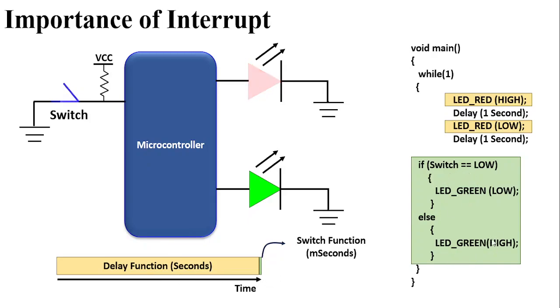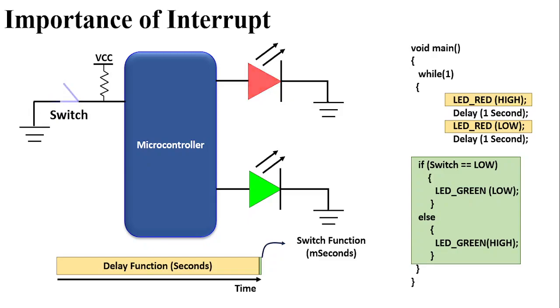And to execute the section of the program for the switch will take maybe some milliseconds. So out of a window of a few seconds, we are getting a small window of milliseconds to detect the event on the switch.